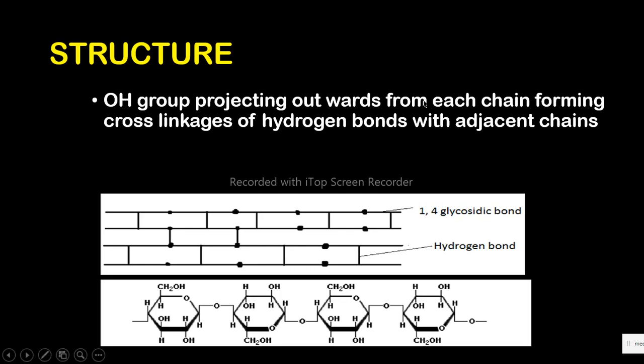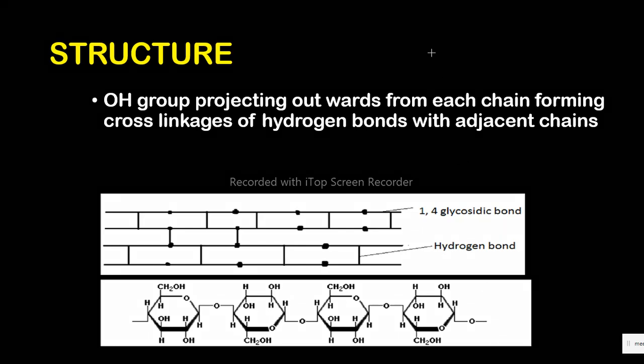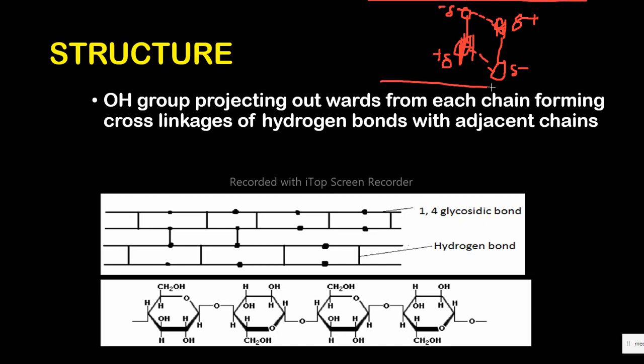And so when the OH group of one chain, for instance, this is H, approaches another OH group of another chain, this is O, because these ones have partial charges, this one is partially negative, the same partially positive, and this one partially negative, when they approach each other, then they end up forming cross linkages between the strands. This is one strand and this is another strand.